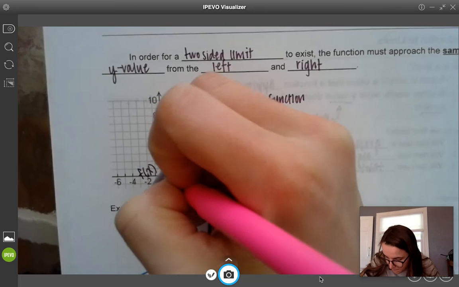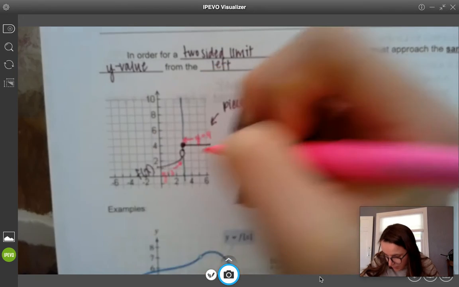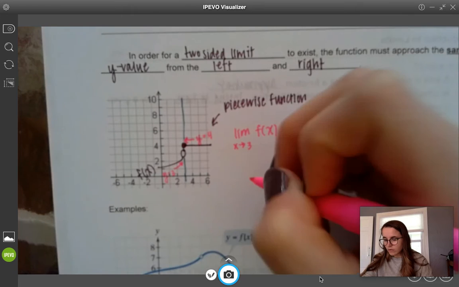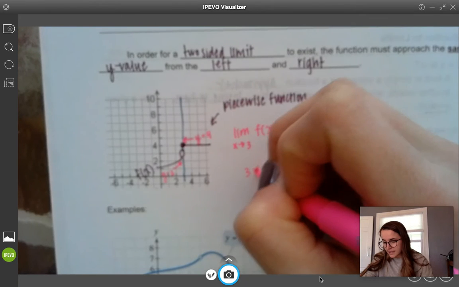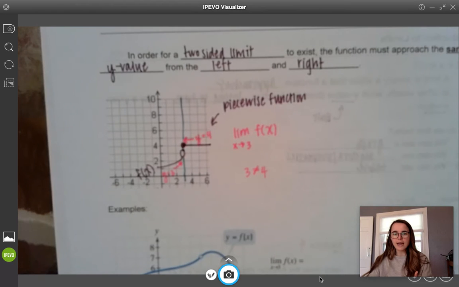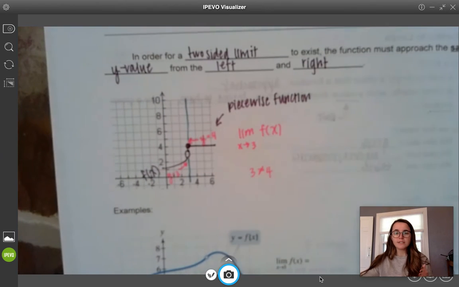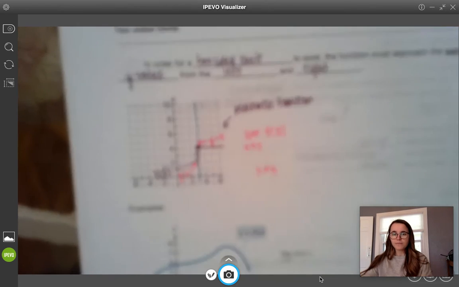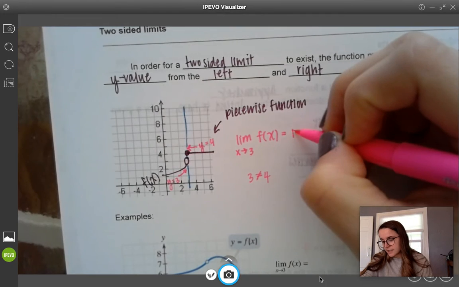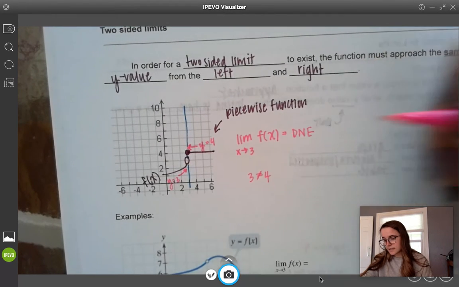But this right here is approaching 3. And so, last time I checked, 3 does not equal 4. But in order for the limit to exist, it has to approach the same thing from the left and the right. And so the limit as x approaches 3 of f of x does not exist.